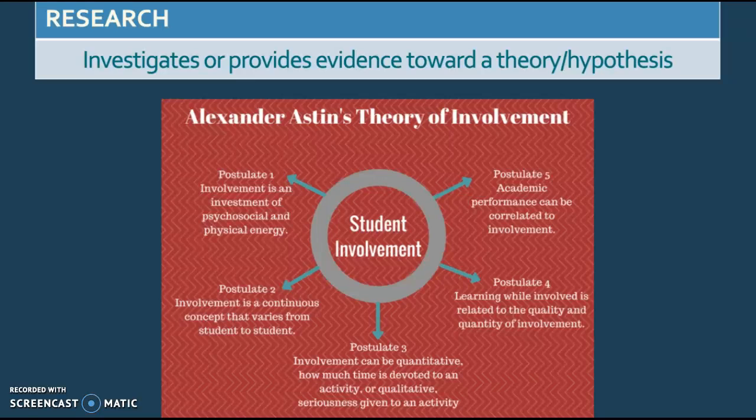So involvement is going to look different from one person to the next. Involvement can be quantitative in terms of how much time is devoted, qualitative in terms of one's level of seriousness, emphasis, priority given to an activity, and then goes on to talk about how involvement is correlated or related to learning and other aspects of development that occur within the higher education setting.